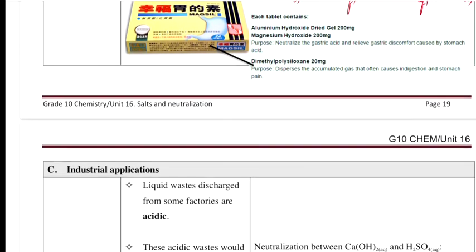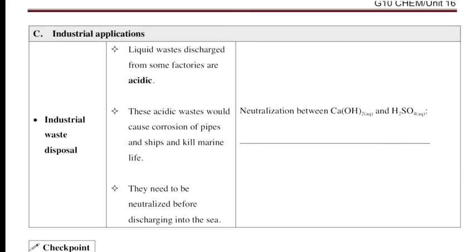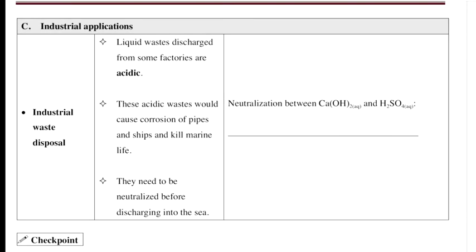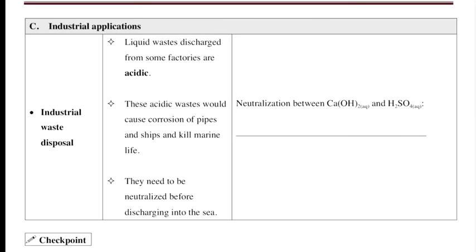And the last application we're going to discuss is that a lot of the time in industry, we produce a large amount and do a lot of chemical reactions on a larger scale.